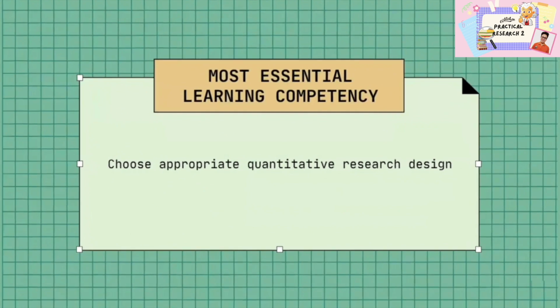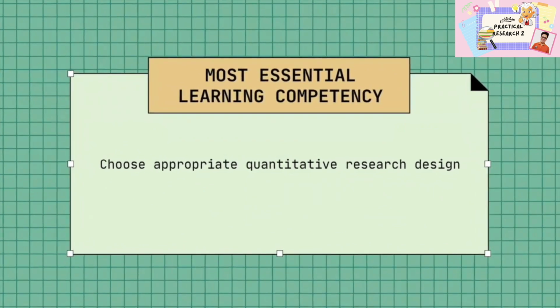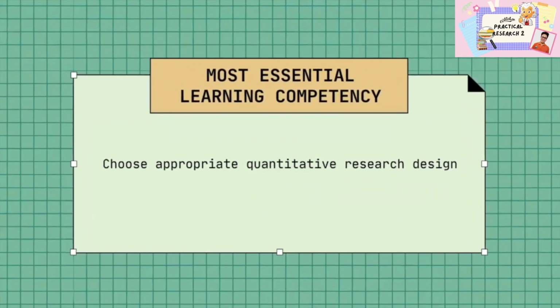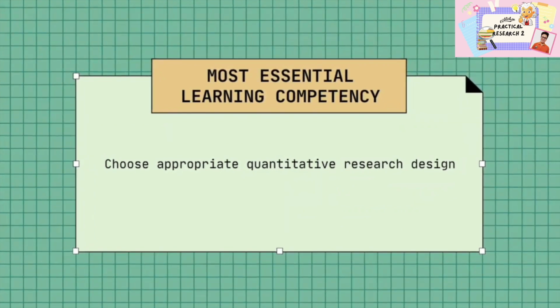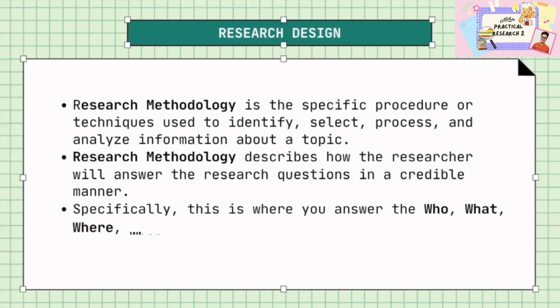Now let's start our session with the first most essential learning competency, which is choose appropriate quantitative research design. For this, when we talk of research methodology, it refers to the specific procedures or techniques used to identify, select, process, and analyze information about a topic.